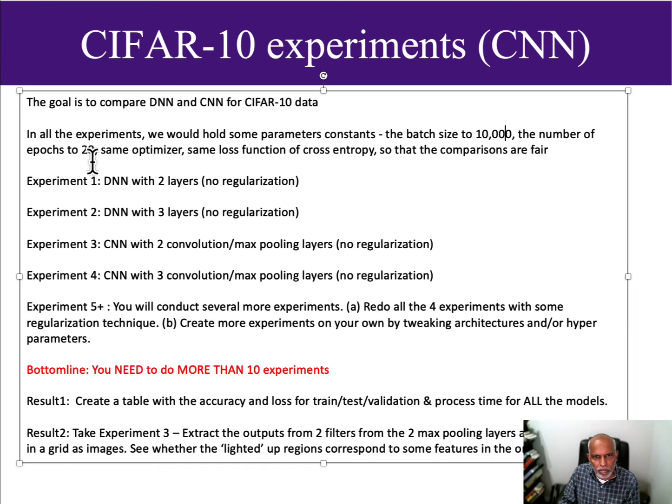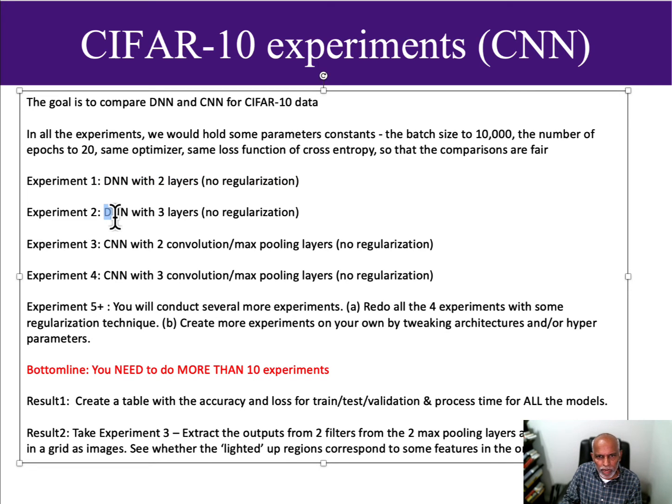The number of epochs is 20. Same optimizer, same cross entropy loss function, so that the comparisons are fair. The first experiment is the DNN with 2 layers, no regularization and no convolutional neural network here. It's simply a multi-layer perceptron with many layers of deep neural network. You can use as many layers as you want, but experiment 1 is only 2 layers.